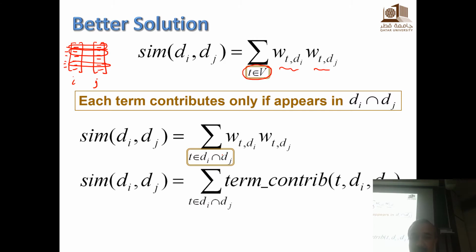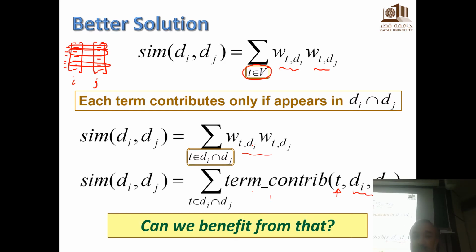So I can replace this by the logical meaning of it, which is the term contribution of T, that's the contribution of T in the similarity of these two documents, which is the multiplication of the weights of that term in both documents. Can we benefit from that?